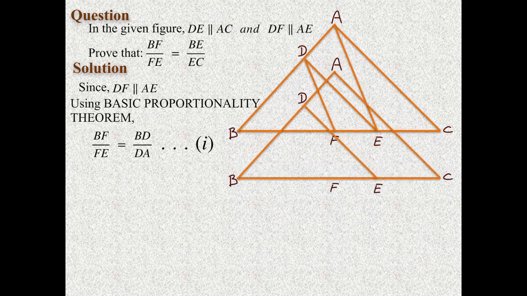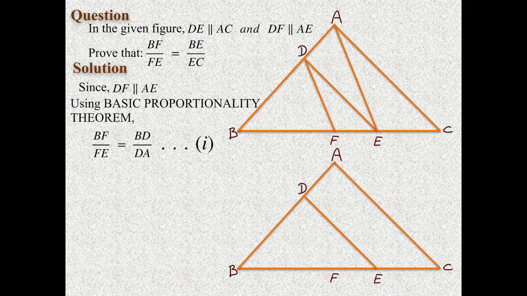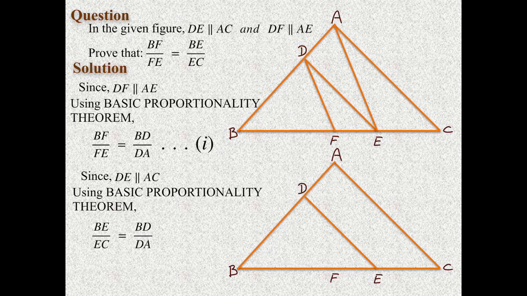Now in triangle ABC, again it is given that DE is parallel to AC. So again using the basic proportionality theorem, in this triangle we can write BE upon EC equals BD upon DA, and say this is equation number 2.